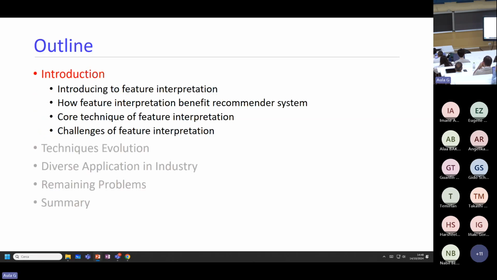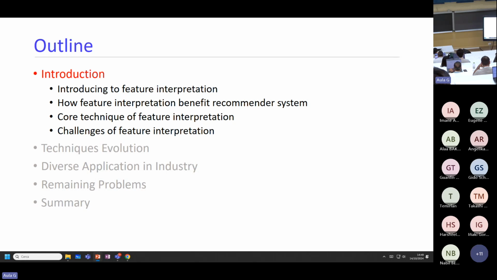In the introduction, first, we will provide an introduction to feature interpretation, explaining what it is and why it's an important aspect of recommender systems. Next, we will explore how feature interpretation benefits recommendation systems, discussing the ways it improves model transparency, efficiency, and decision making.